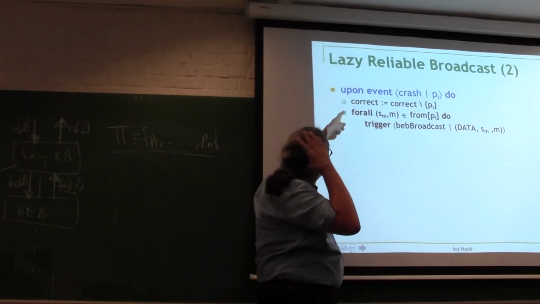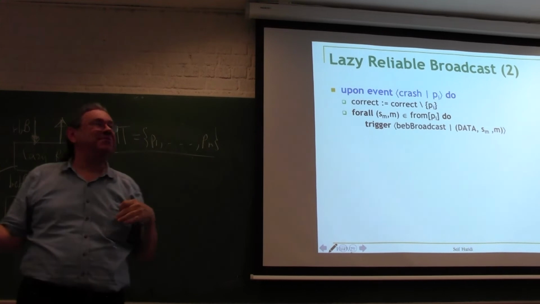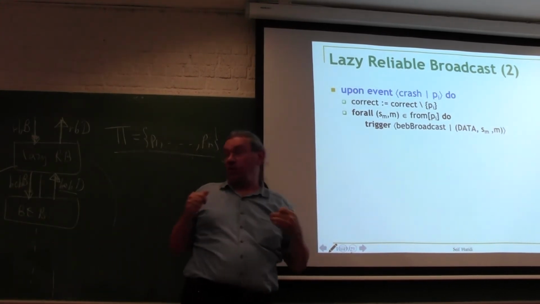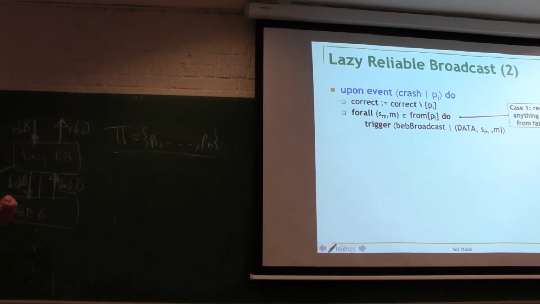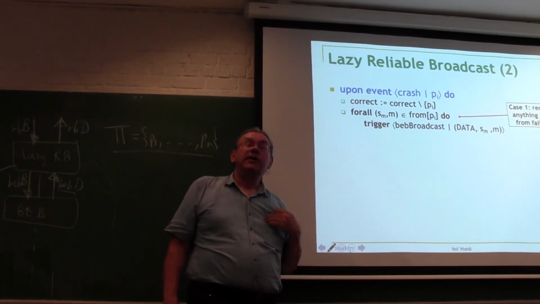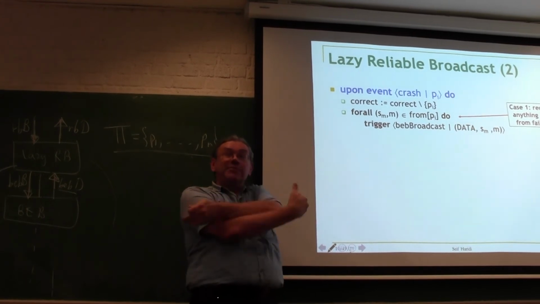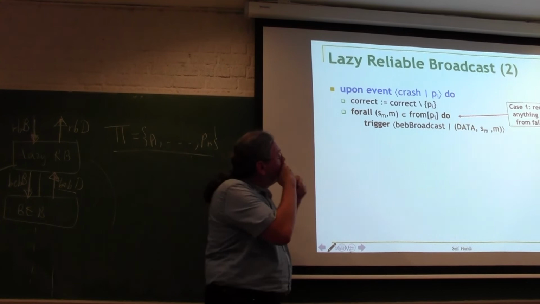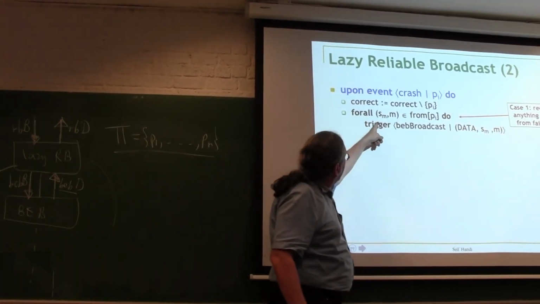And now we have to handle the case. Remember case 1 and case 2? Case 1 was when we got the message, okay, and the crash came after. So we got the message, and the crash message came after. Whereas case 2 is the other direction. So in case 1, we have to keep track.